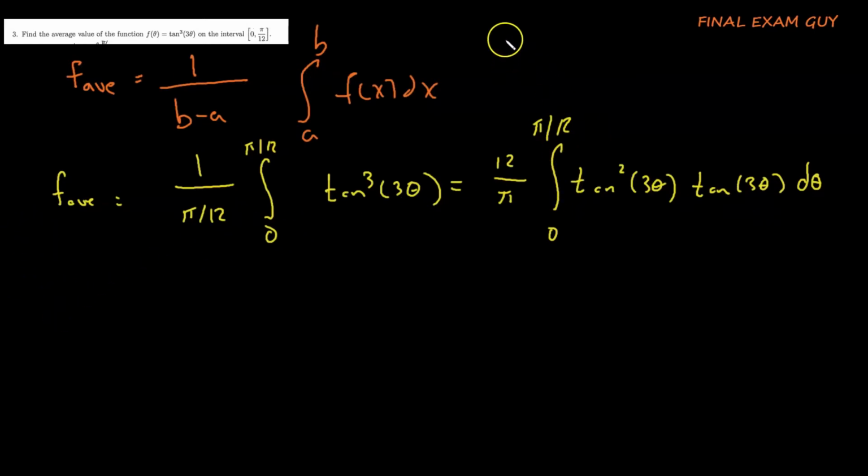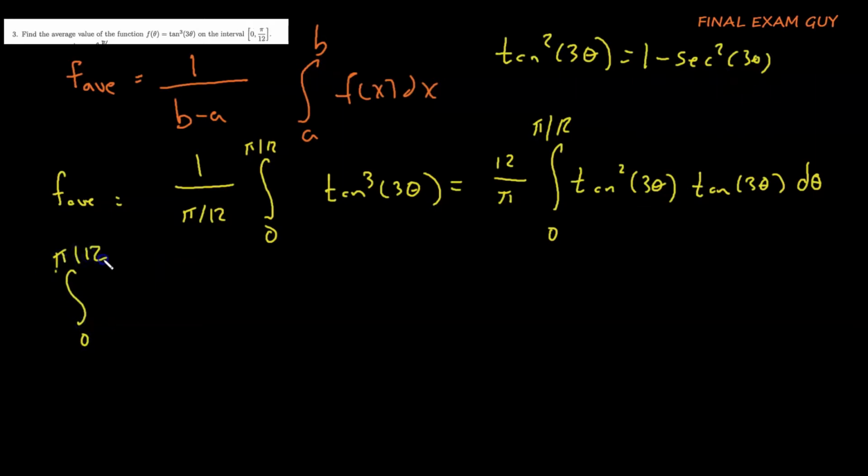The trig identity we're using here is tan squared 3 theta equals secant squared 3 theta minus 1. If I plug that in, 12 by pi, secant squared 3 theta minus 1, tan 3 theta d theta.